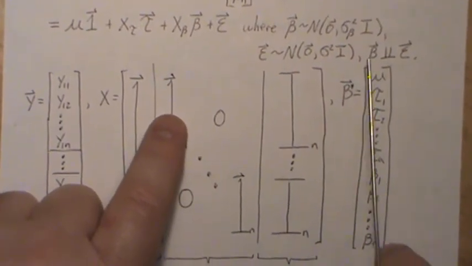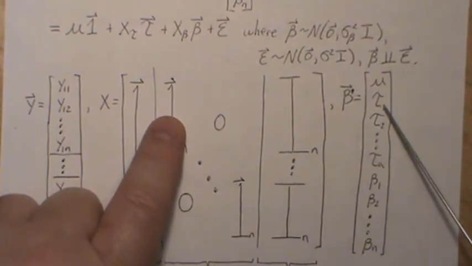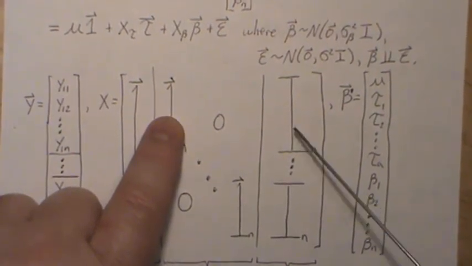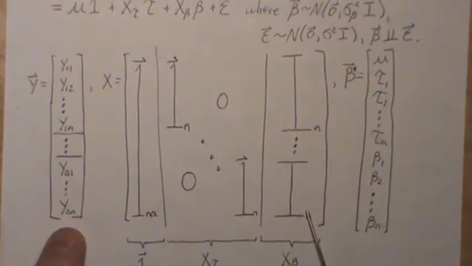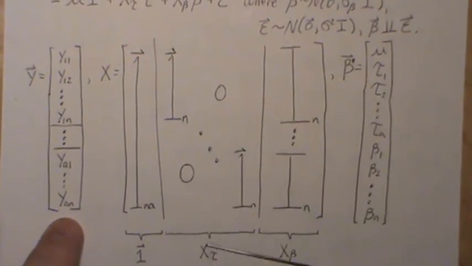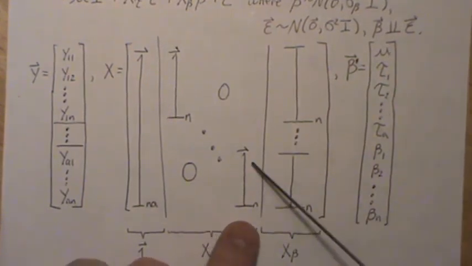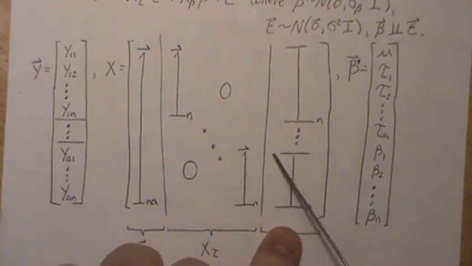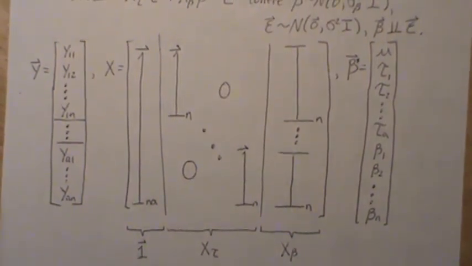And then for the second observation, again we're picking off tau 1, but we want it to pick off the second beta for the second subject. That's why it goes down diagonally, and then it just repeats. So when we get to the A-th treatment and do this multiplication, this 1 vector picks off mu, these pick off tau A, and then these, as you go down, pick off beta 1, beta 2, beta 3, all the way to beta N. So this is the overall shape of the design matrix.